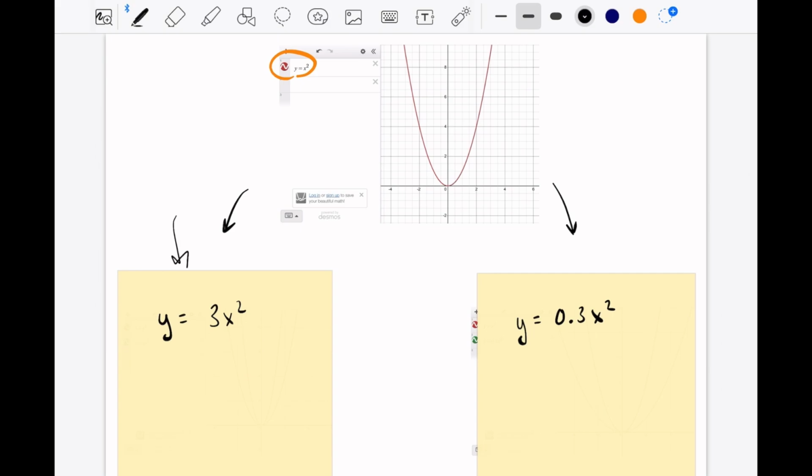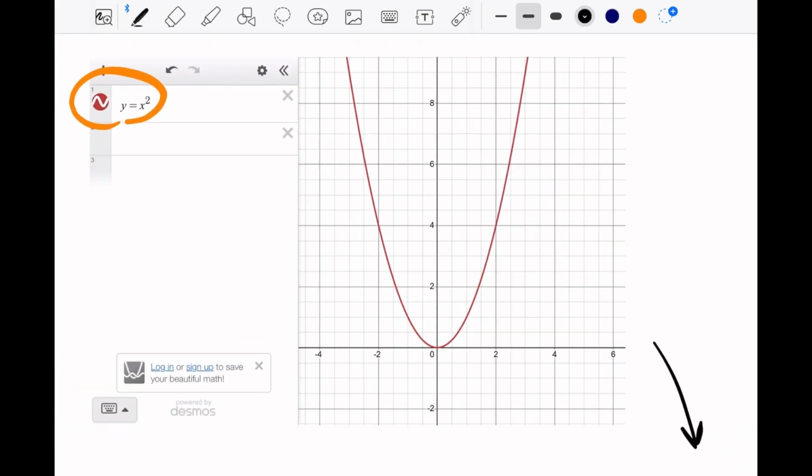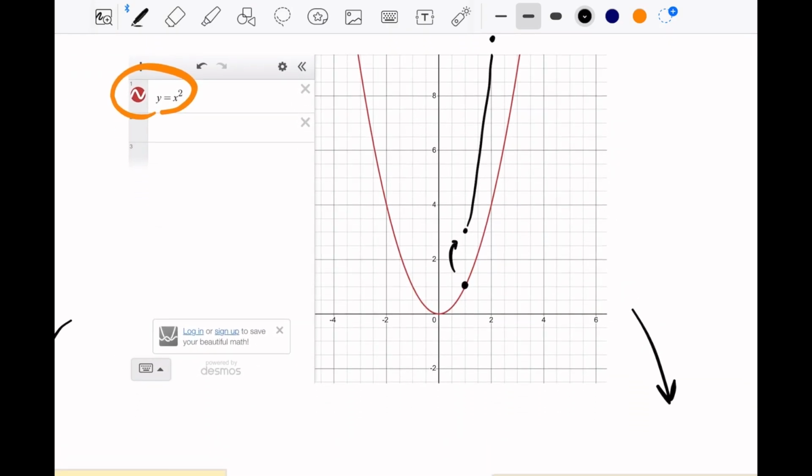This is a vertical stretch factor of 3. If you look at the original graph, it's as if taking every single point and multiplying it by 3. Everything goes up. For example, here at 4, we're going to have 12, which is going to be way up there. So for every single output that we get, we then multiply it by this factor of a. So our graph will end up looking narrower.